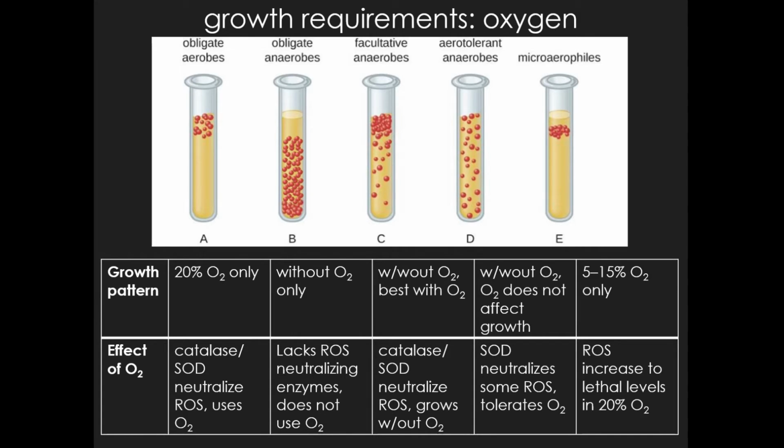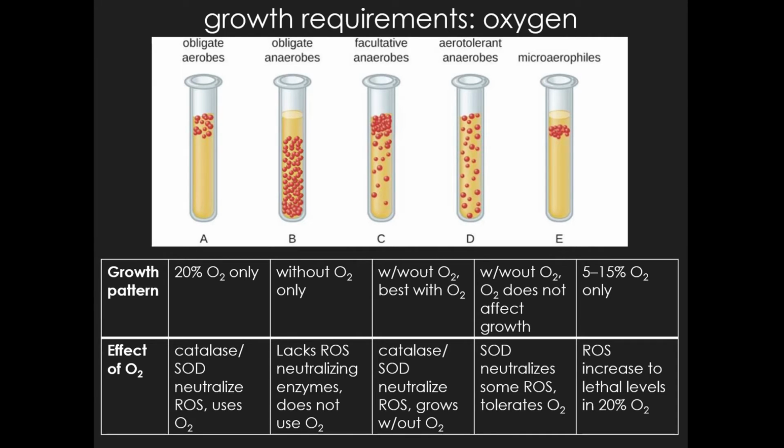So in group A, you have organisms who will only grow at atmospheric concentrations of oxygen, and we call those organisms obligate aerobes or strict aerobes. Strict aerobes, like you and I and like other organisms like Bacillus subtilis, will only grow in the presence of oxygen.